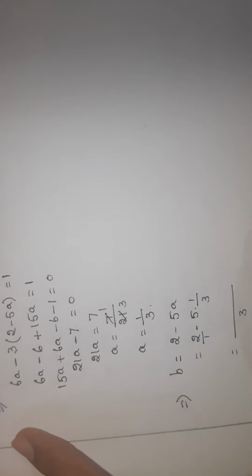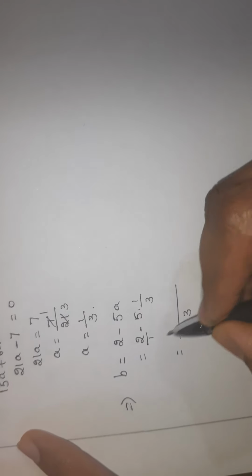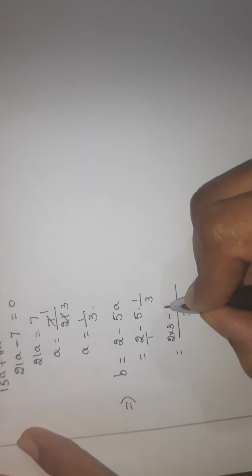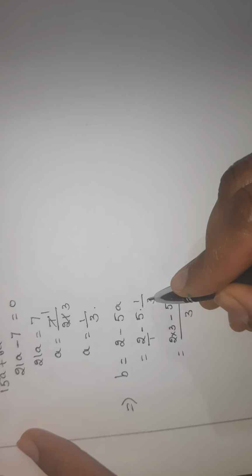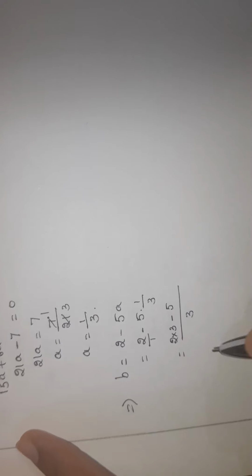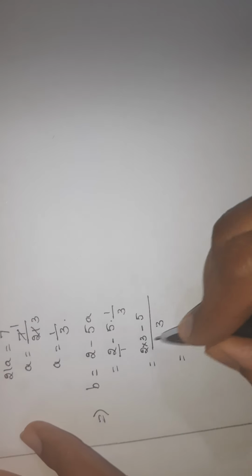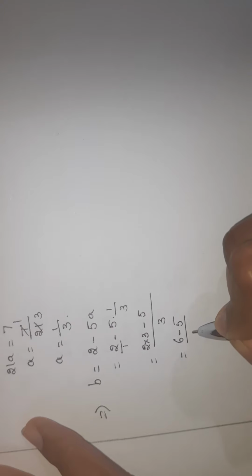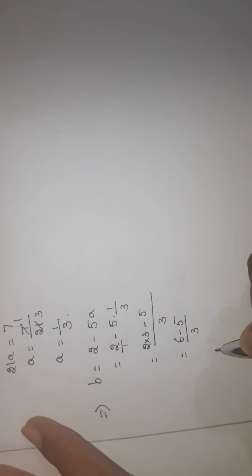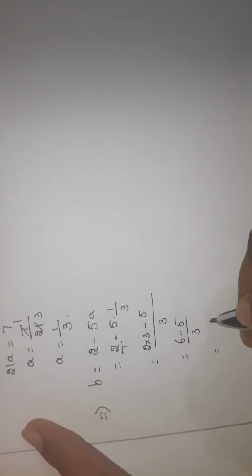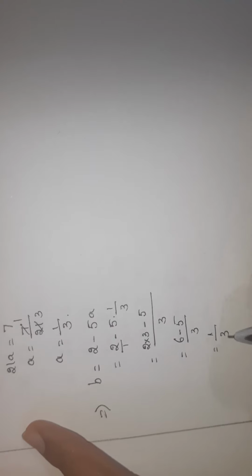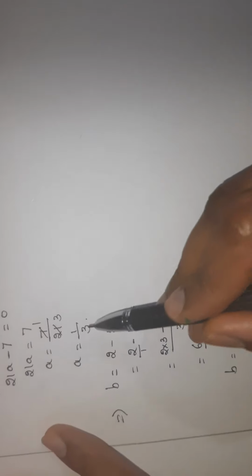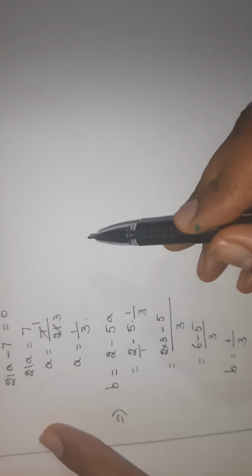Therefore the LCM is 3. Next 2 into 3 minus 5 into 1 by 3 into 3. Therefore it becomes 2 threes are 6 minus 5 by 3. Therefore it becomes 1 by 3. So b also is 1 by 3, a also is 1 by 3.